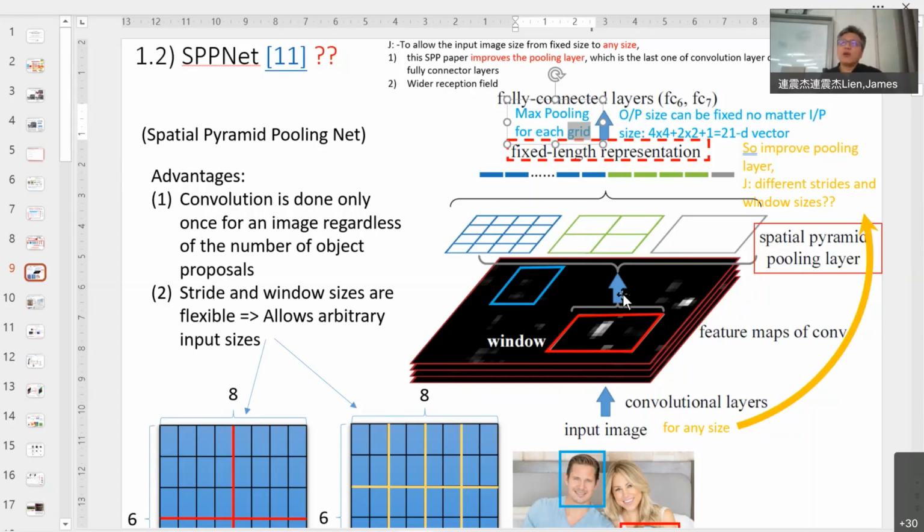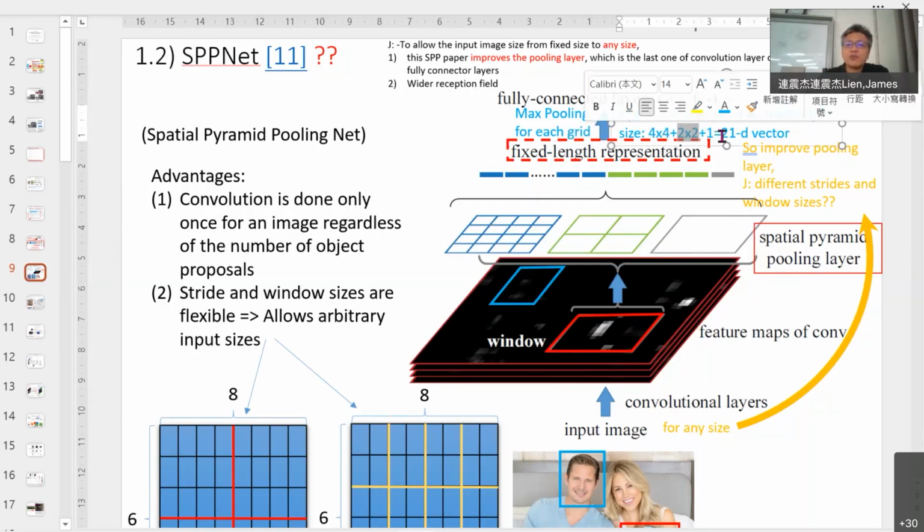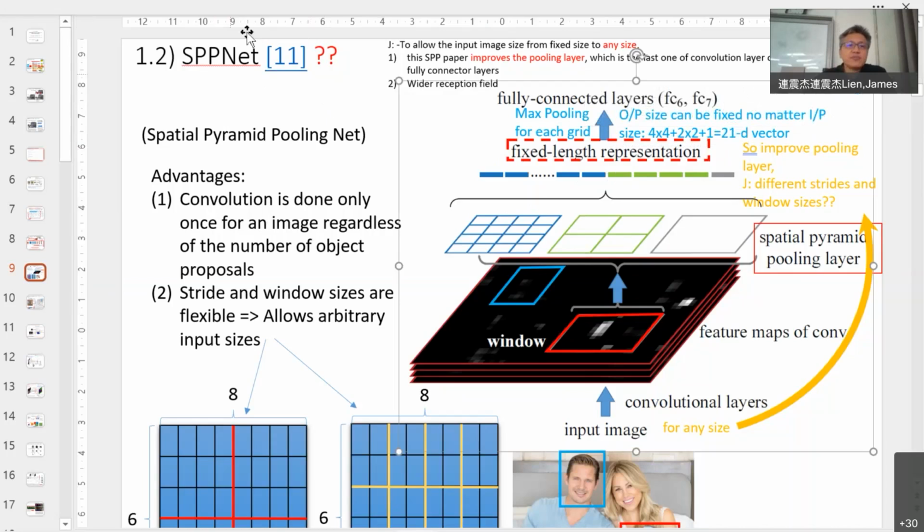Suppose your maps number 128. The spatial domain will be one output across 128 maps, this will be 4 outputs across 128, and this will be 4 by 4. So your total grid has 4 by 4 plus 2 by 2 plus 1, which comes to 21 dimensions across 128 maps. So after SPP, your output spatial dimension will be fixed.